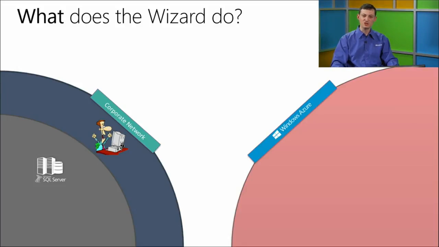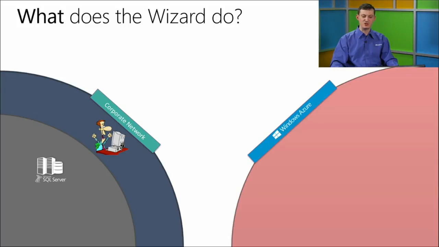So on your left, what you see is your on-premises environment. And you see the two color zones. The darker zone is where your management workstation is, and that zone has connectivity to the internet.